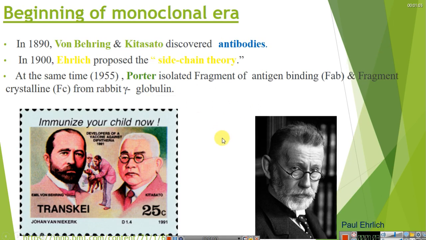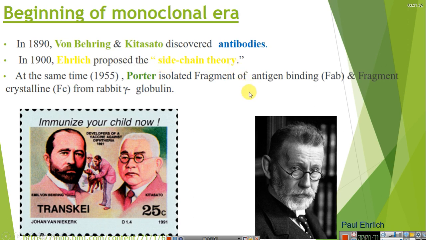Okay, so first of all, a few things about the monoclonal antibodies, or the beginning of the monoclonal era. Shortly, I'll explain what monoclonal antibodies are. First of all, von Behring and Kitasato discovered antibodies. Okay, and it was Paul Ehrlich who proposed the side chain theory.